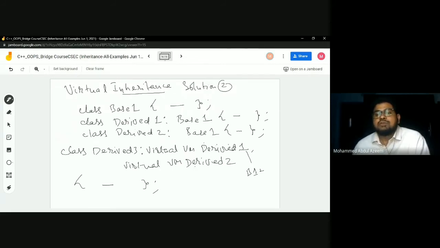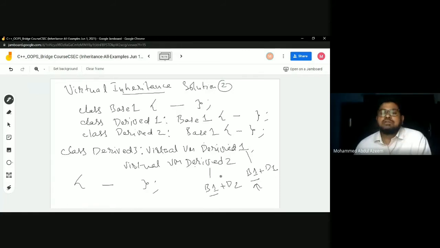So b1 plus d1 would have been made available. And when you are inheriting derive 2, it has brought one copy of b1, right? Yes or no? So you can see here b1 is available with a duplicate copy, but then you have inherited both of these classes virtually.